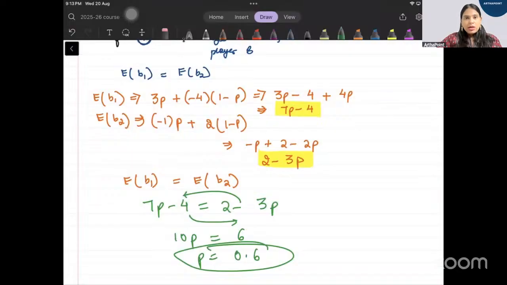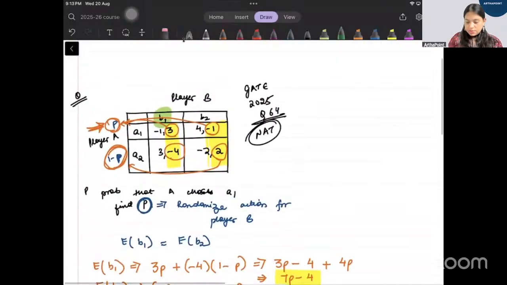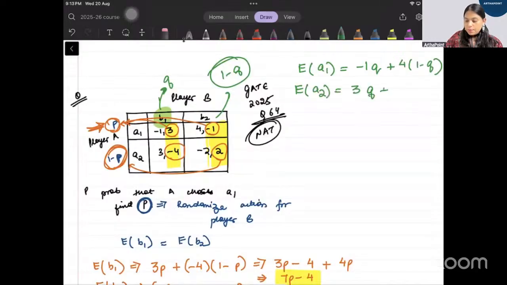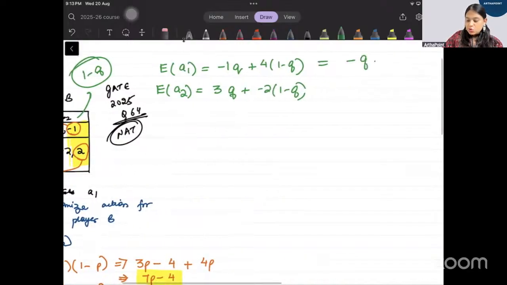I want to understand so that we know what exactly we are doing. Randomize player 1. If you randomize player 1, you will get this payoff. So expected payoff from A1 will be -1 into Q plus 4 into 1 minus Q. Expected payoff from A2 will be 3 into Q plus -2 into 1 minus Q. So this will be minus Q plus 4 minus 4Q, and this will be 3Q minus 2 plus 2Q.